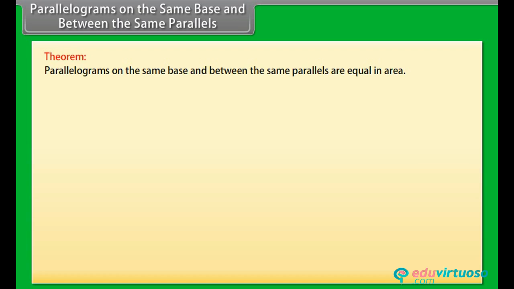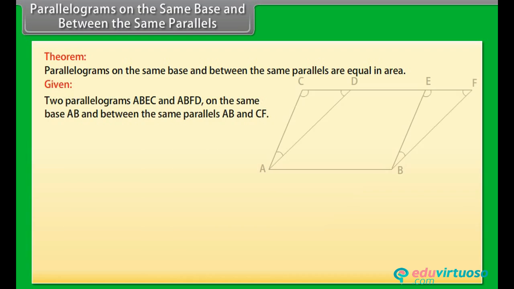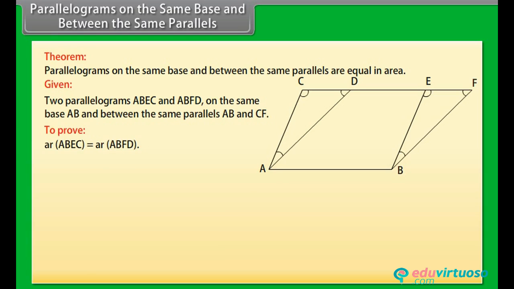Let us prove this theorem. Proof. 2 parallelograms ABEC and ABFD on the same base AB and between the same parallels AB and CF are given. We need to prove that area of ABEC equals area of ABFD.